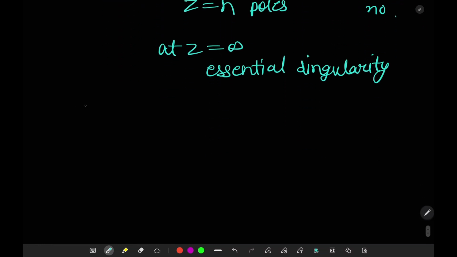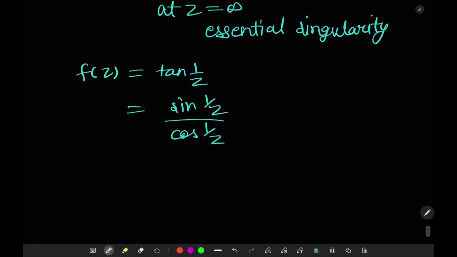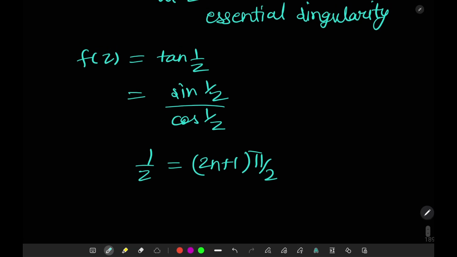Now let's do another question. f(z) equals tan 1 by z, or we can write tan 1 by z equals sin 1 by z divided by cos 1 by z, and putting the denominator equal to 0, 1 by z equals this value.